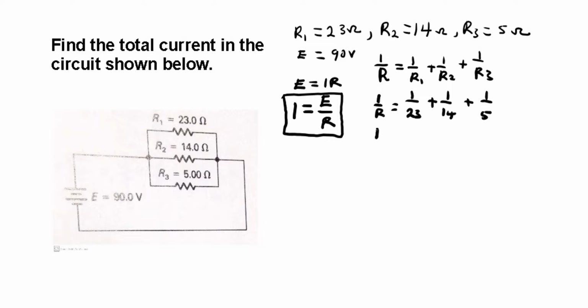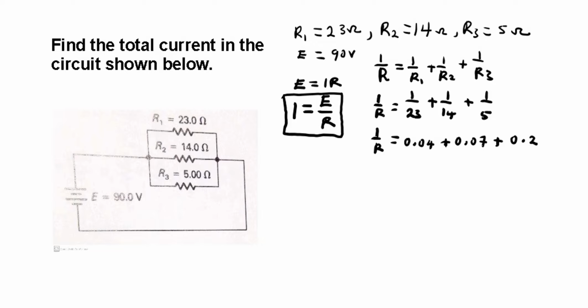So 1 over R is equal to, let's get the values. 1 divided by 23 will give us 0.04, plus 1 divided by 14 is going to give us 0.07, then plus 1 over 5 is going to give us 0.2.